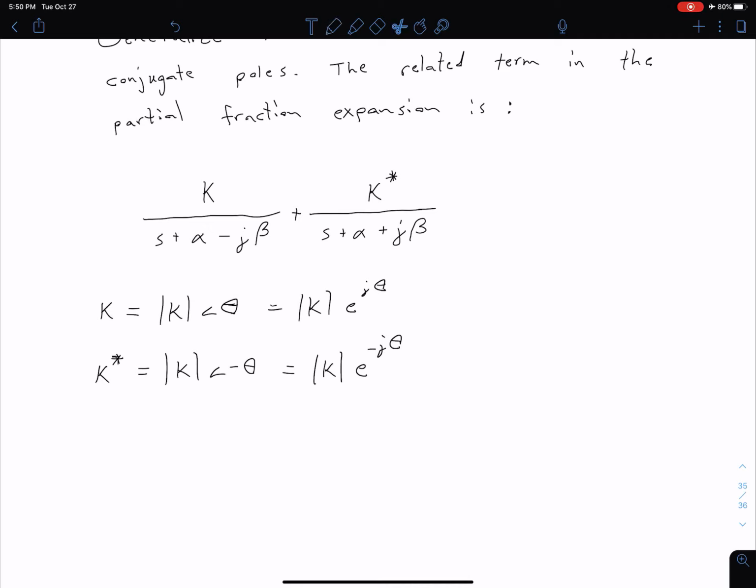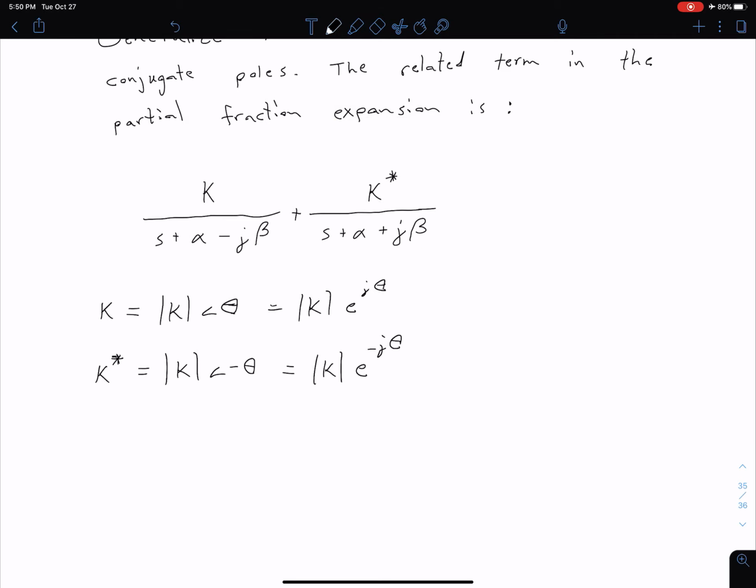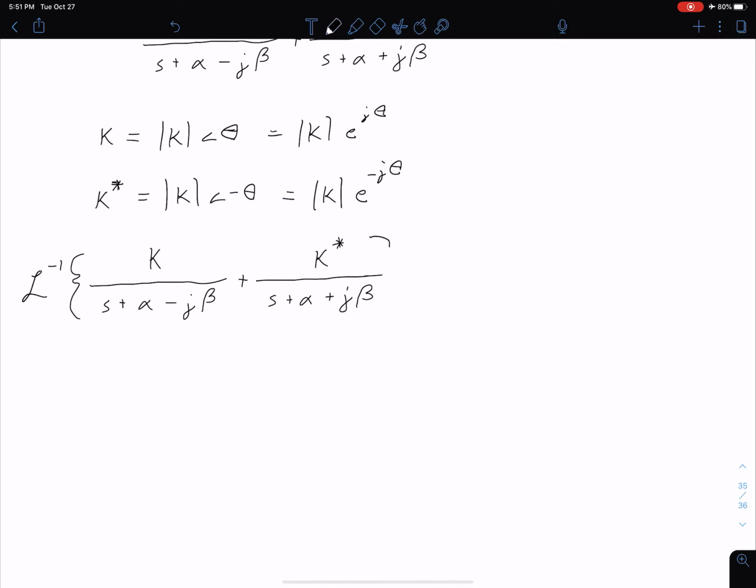And so what we're interested in then is how do we take the inverse Laplace transform of this function here, because we don't want to have to go through that same process that we went through in the previous video every time we come across this.